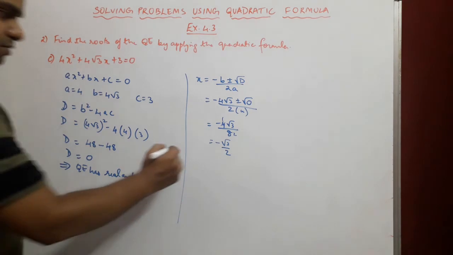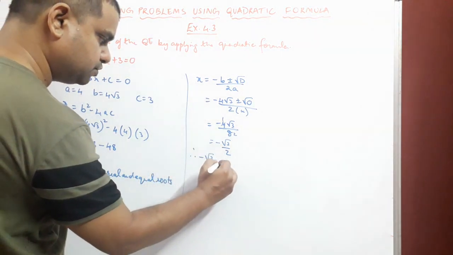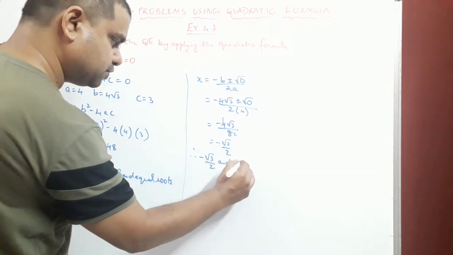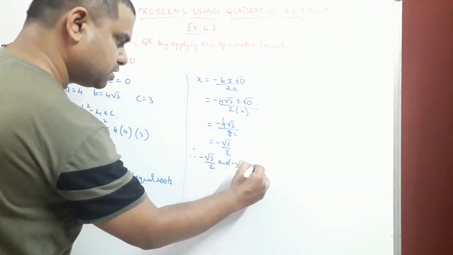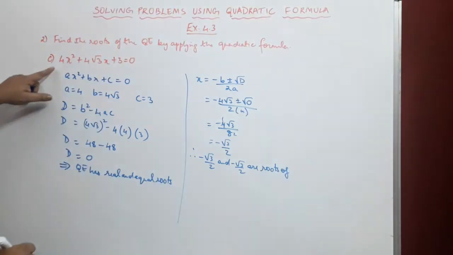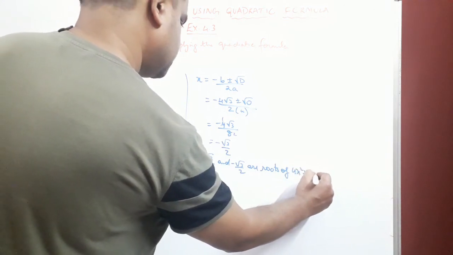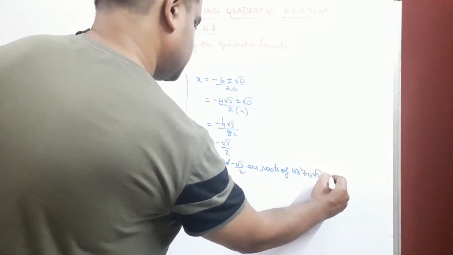Okay, so we can conclude here, therefore minus root 3 upon 2 and minus root 3 upon 2 are roots of quadratic equation 4x square plus 4 root 3 x plus 3 equal to 0.